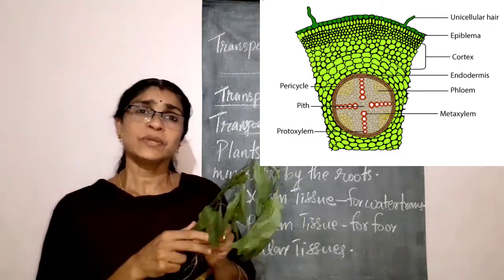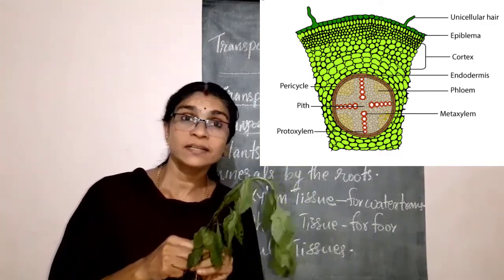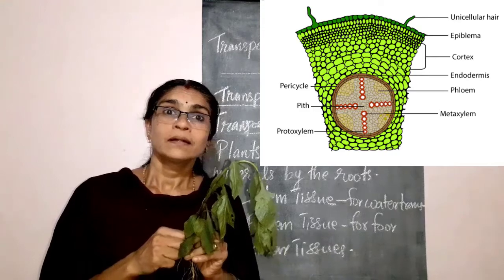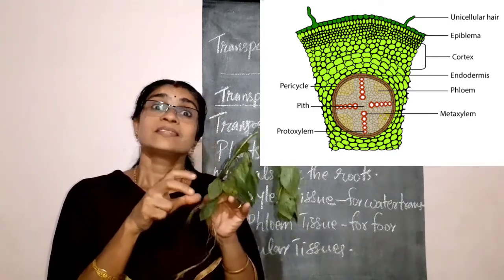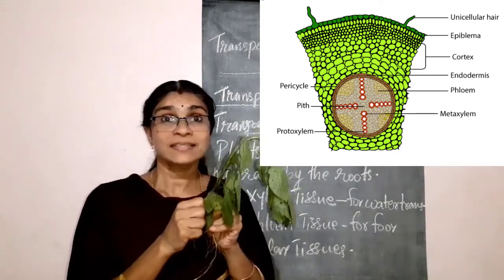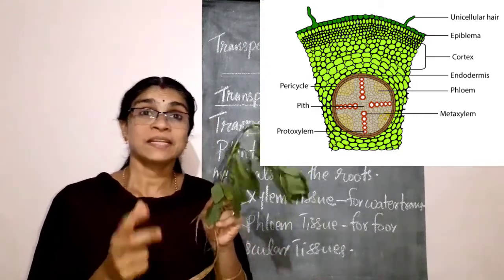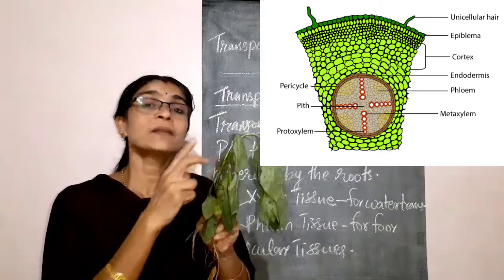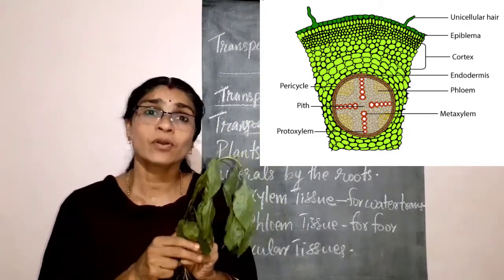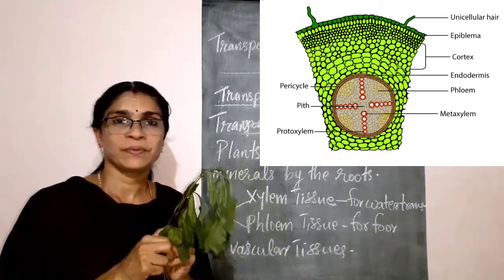Then which tissue helps in the transportation of water? There is one group of cells which helps in the passage of water and minerals from root to other parts. They are called xylem tissue.